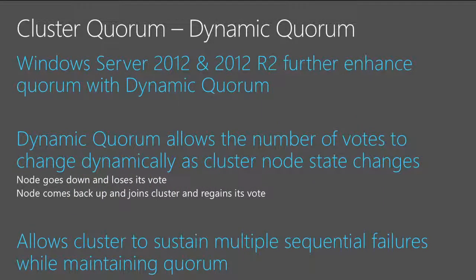Now, Windows 2012 was the first effort at starting to address some of these things. It was carried forward in Windows 2012 R2 with further enhancements when we introduced the concept of dynamic quorum. The thing to remember about dynamic quorum is it does not fix all scenarios. It does not fix everything.